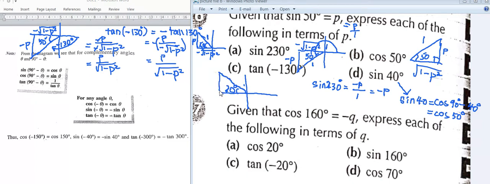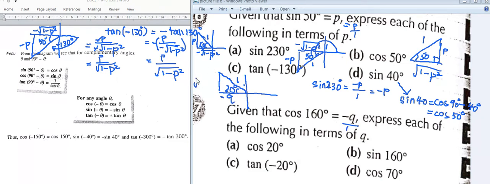So this is the basic angle in the second quadrant. This is equal to minus Q over 1, because this is a negative x value. So cosine of this is minus Q over 1.